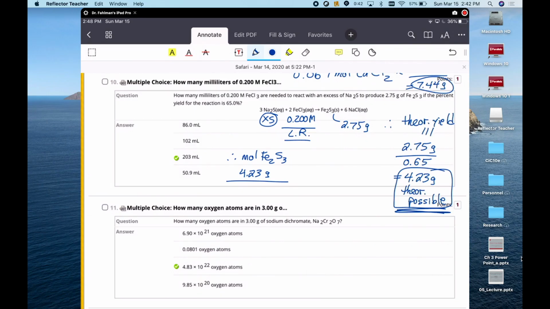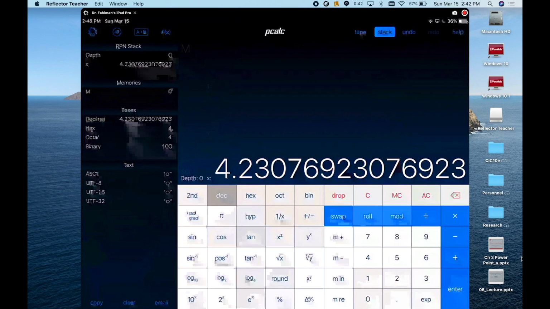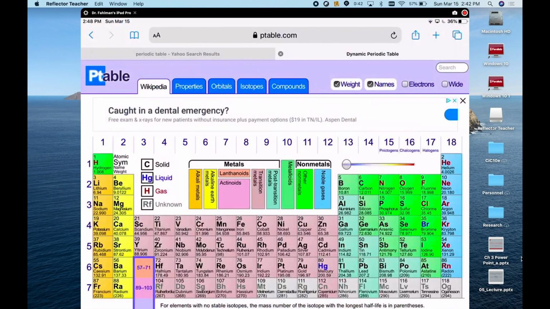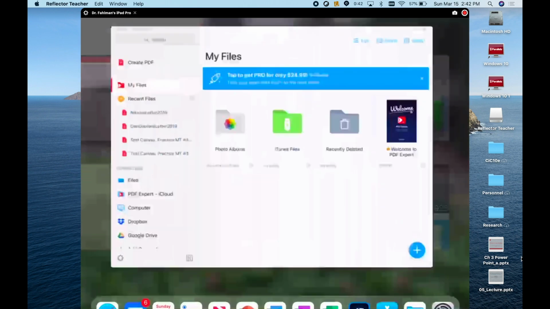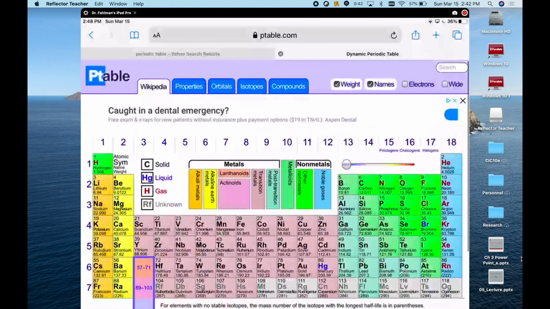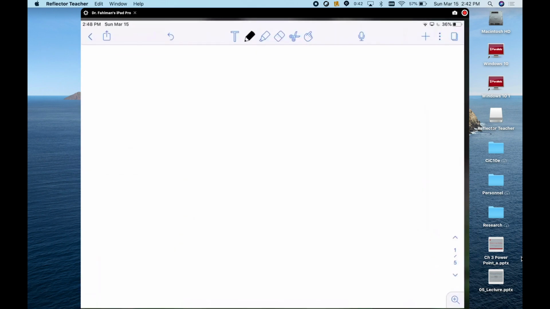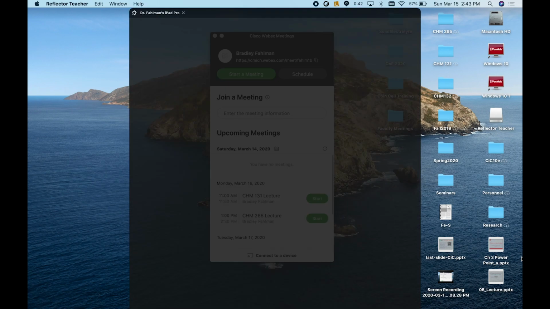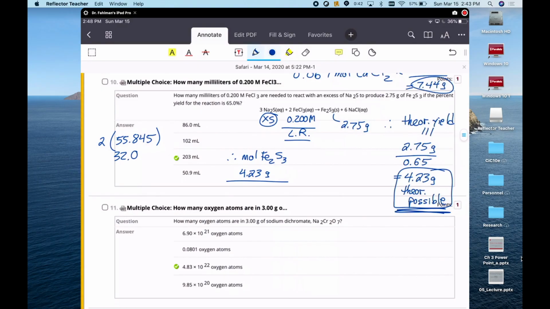We've got 2 irons, iron 55.845, and there are 2 of those. Then sulfur is around 32.06, and we have 3 of them.